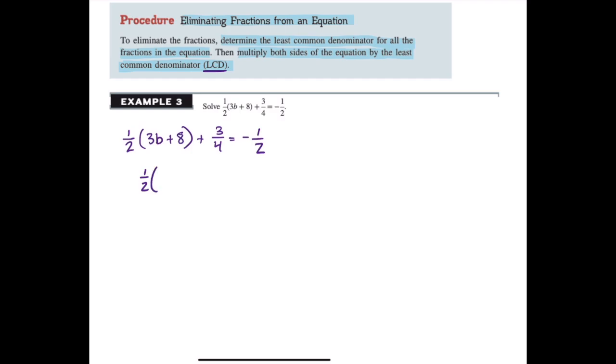I'll make a little bit more room. So I would want to multiply the entire left side. I'm going to put this in parentheses and say I'm going to multiply this entire expression by 4, the right side as well by this 4.